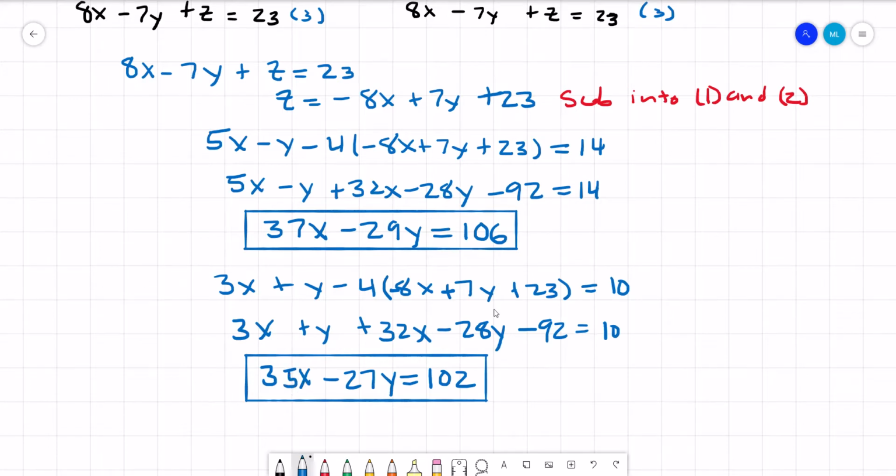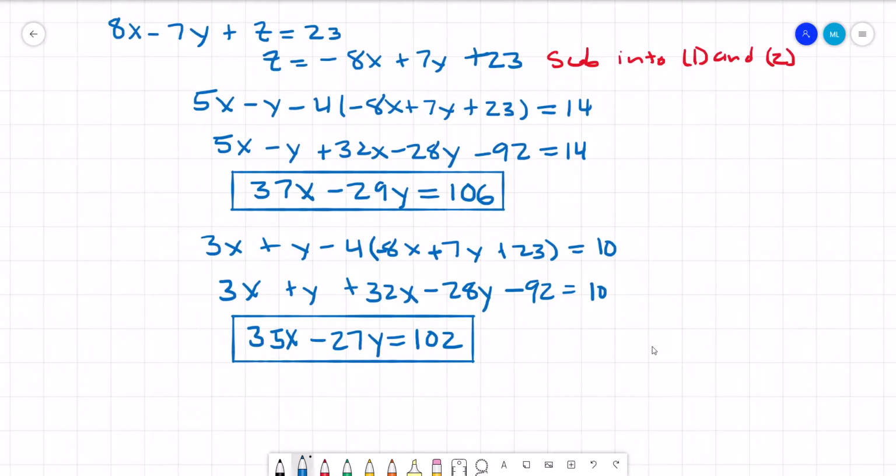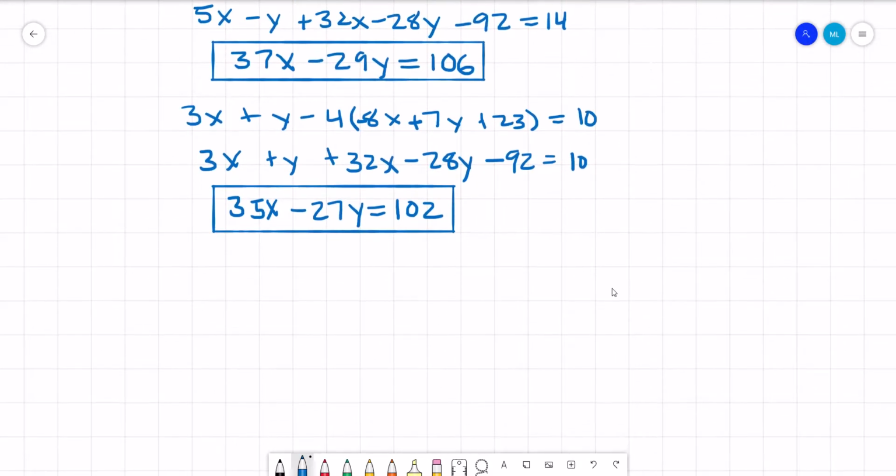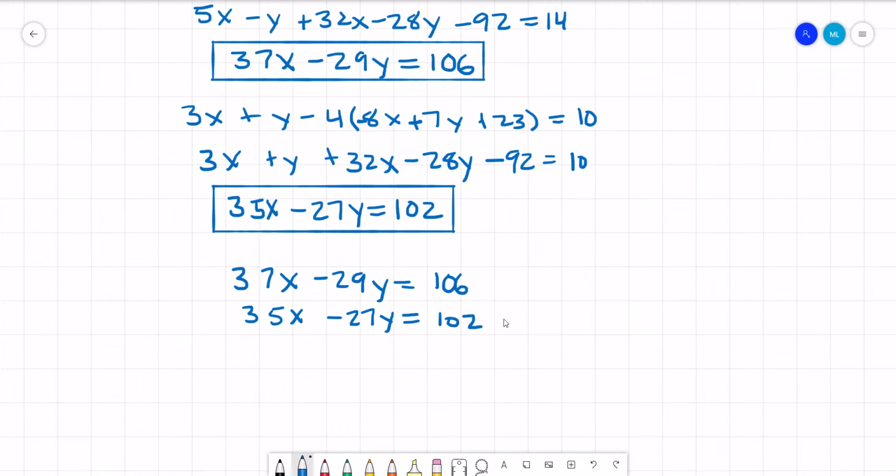Now from here we can put these together as a system of two equations: 37x minus 29y equals 106, and 35x minus 27y equals 102.